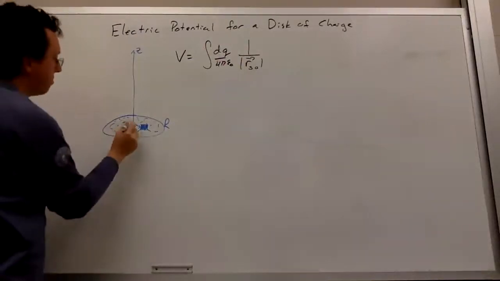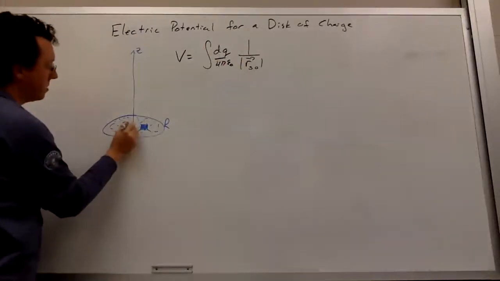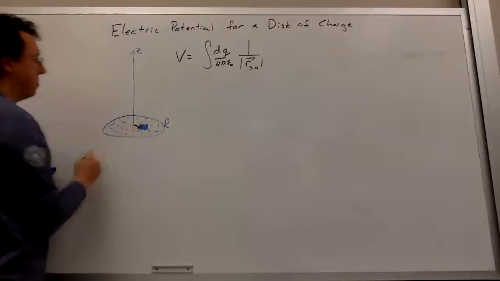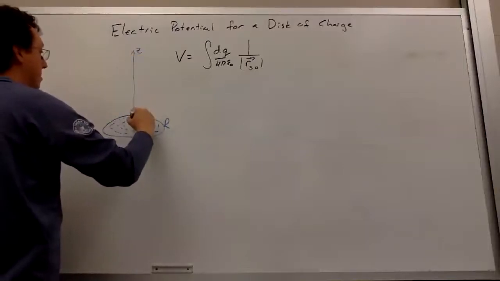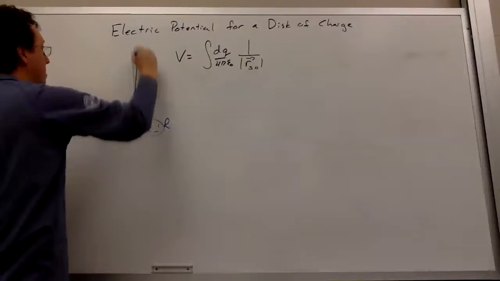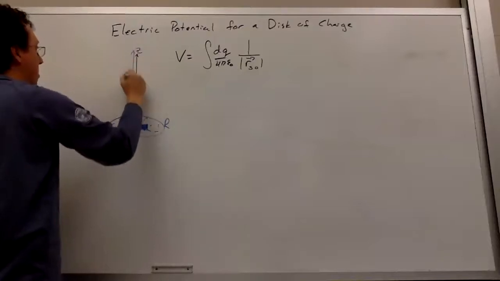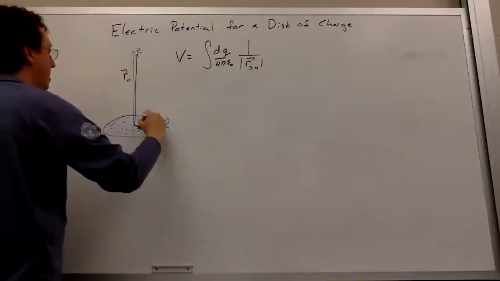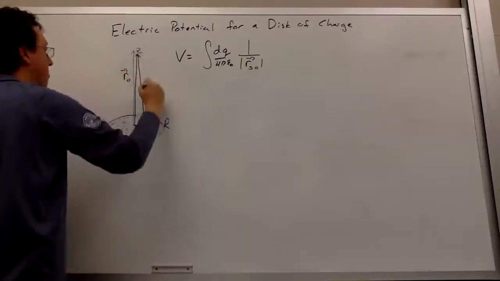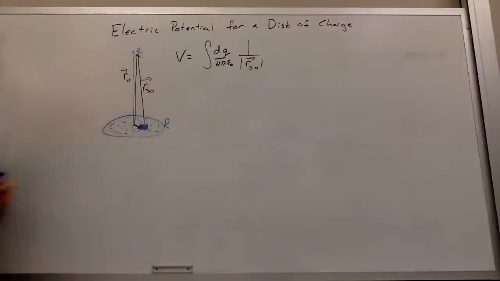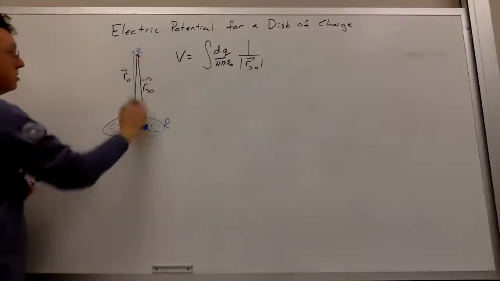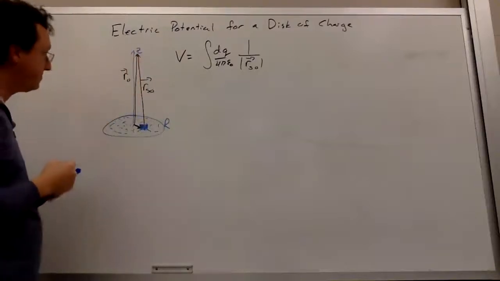In this picture, this would represent r_S, this would represent r_O, and this would represent r_SO, from the source to the observer.